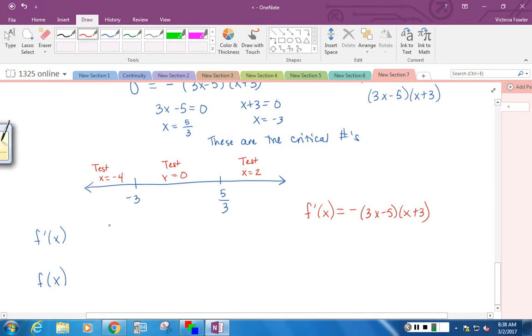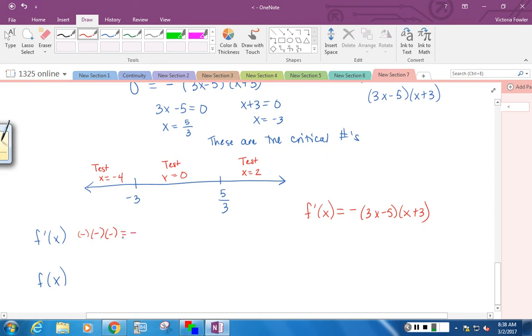Okay, so if I plug in -4, what I note is that there's already a negative sign on the outside. If I plug in -4 into the first set of parentheses, it's not so much the number I get, it's the sign. So 3 times -4 gives me -12. -12 minus 5 is -17. I only really care about the negative. If I plug in -4 into the second set of parentheses, -4 plus 3, I get a -1. And so a negative times a negative is a positive, times a negative is a negative.